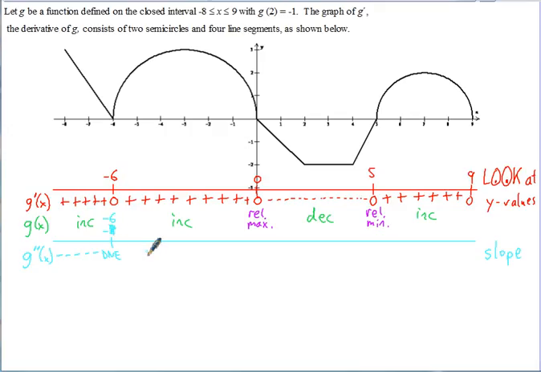And then right at -3, the slope is 0. It levels off right there. And then from -3 to 0, the slope is negative again. Right there at 0, you see we have another corner. So at 0 again, we'd say the slope does not exist.